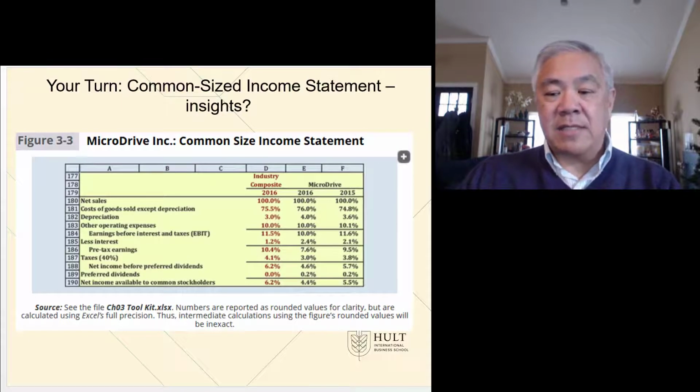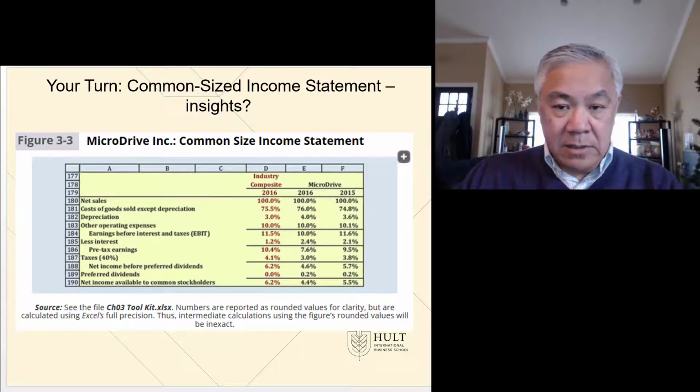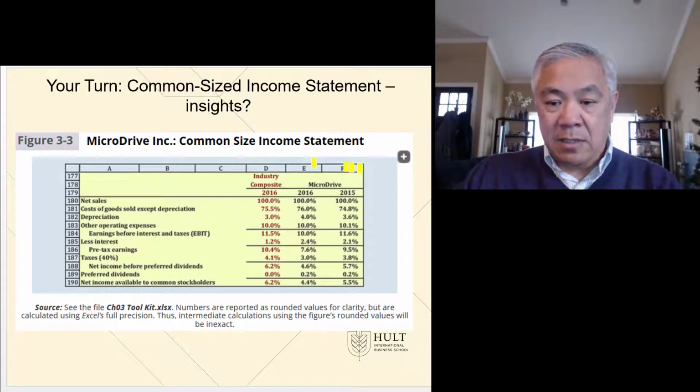If we use common size now for an income statement, remember that what we divide by is not total assets, but total sales. And so if we transform the industry and Microdrive's financial statements by dividing each year's numbers by those year's sales, we get the following. Once again, let's look first at the trend for Microdrive, looking at these two columns.